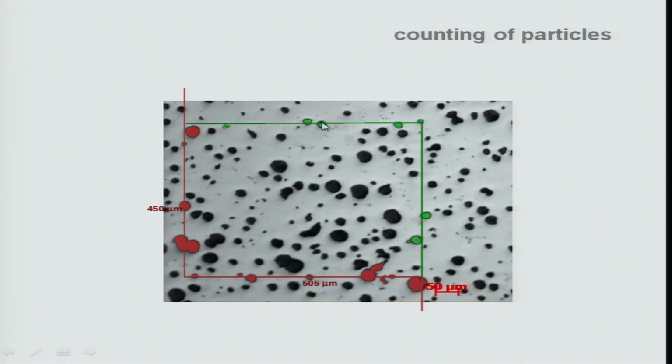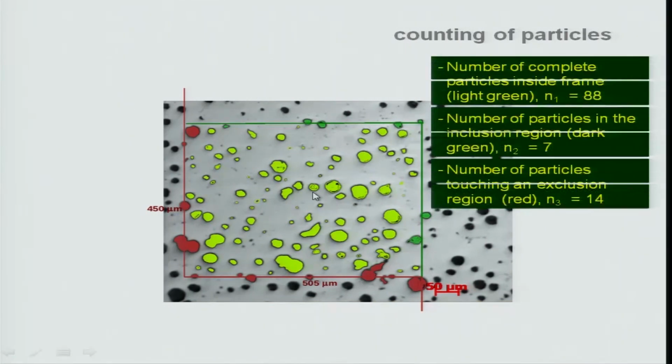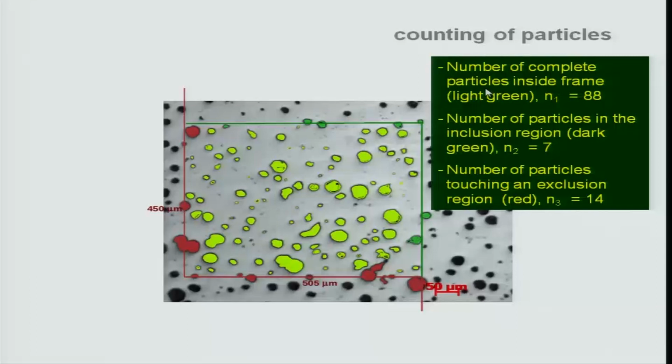Similarly, these dark green particles which are intersecting the inclusion region will be counted, as well as all the particles which are completely inside, not touching either the exclusion or the inclusion region. So, the number of complete particles inside the frame, which are these light green ones, is 88.